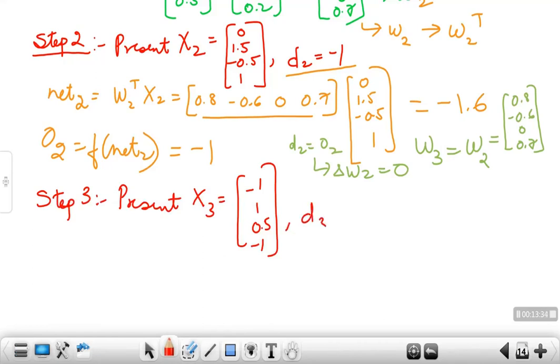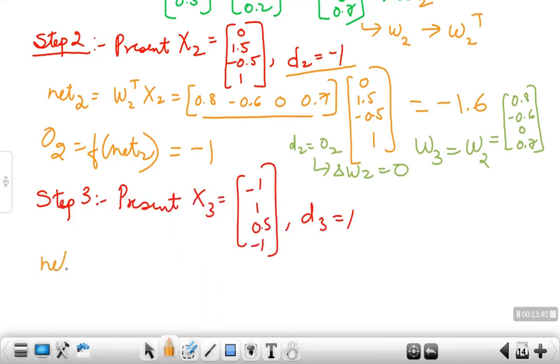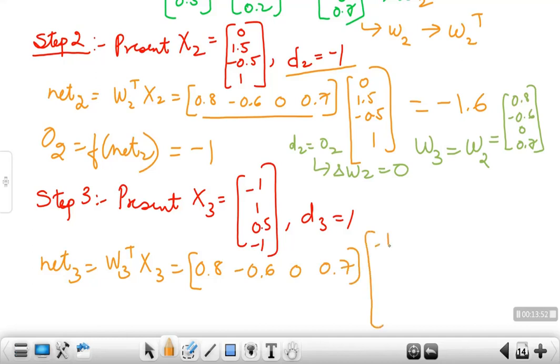In step 3 you have to present pattern 3. So you present x3, and x3 is minus 1, 1, 0, 0.5. Sorry, x3 is minus 1, 0.5, 0, 1.